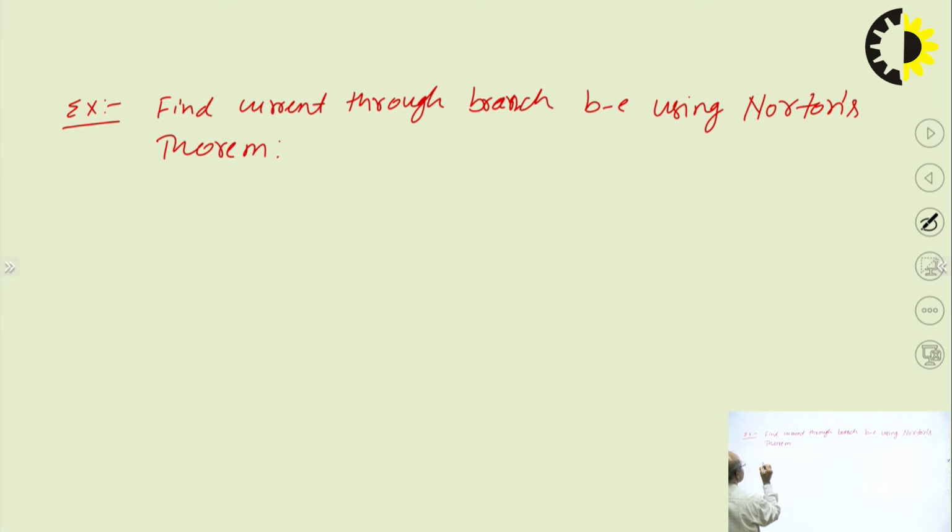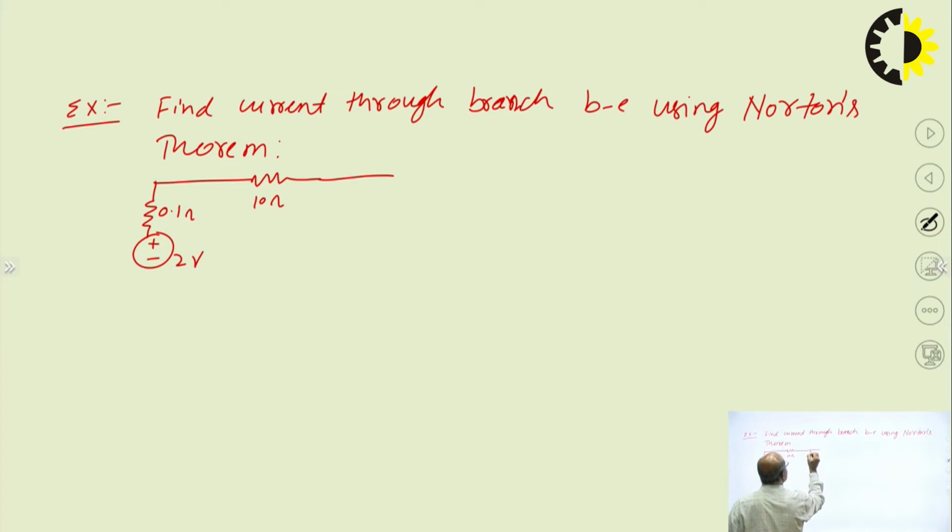Suppose here is a voltage source and its value is 2 volt. Here is a resistance and the value of this resistance is 0.1 ohm, and again here is a resistance, the value of this resistance is 10 ohm.